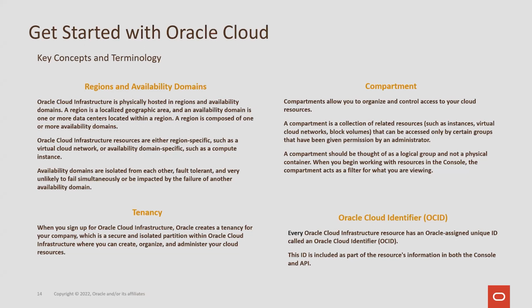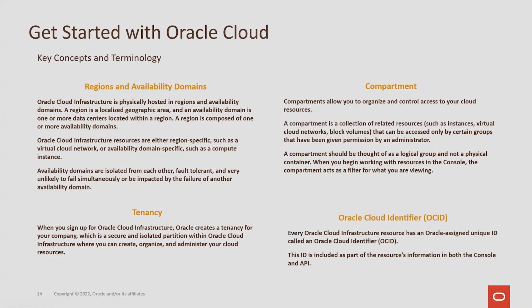Firstly, we will start with regions and availability domains. We will see on the next slide how the regions are situated for Oracle Cloud Infrastructure. Basically, a region is a localized geographical area, and here we have the availability domain, which is a new concept.